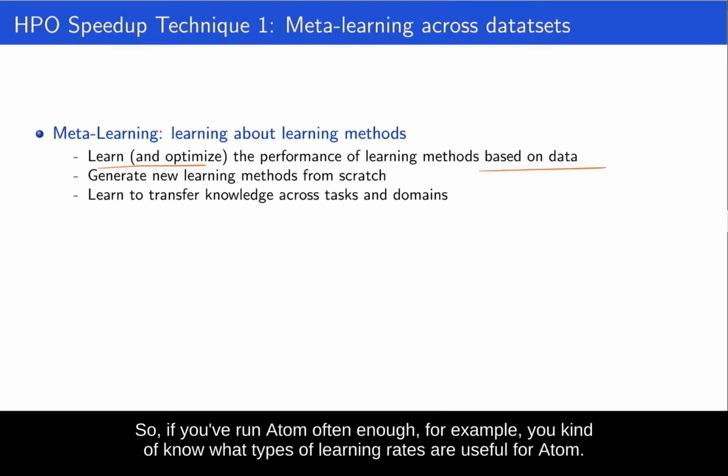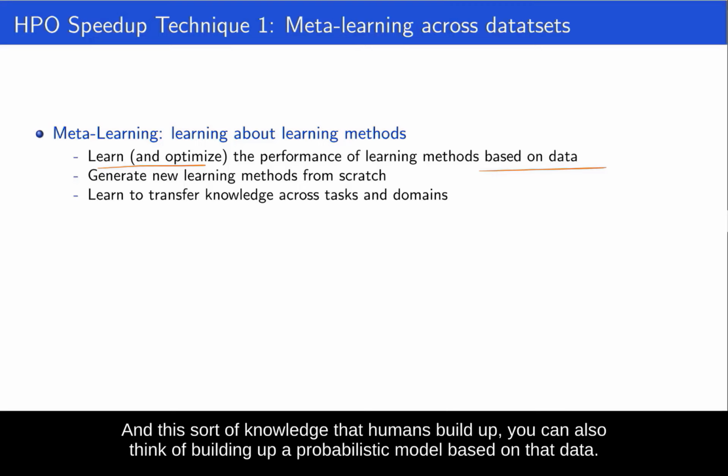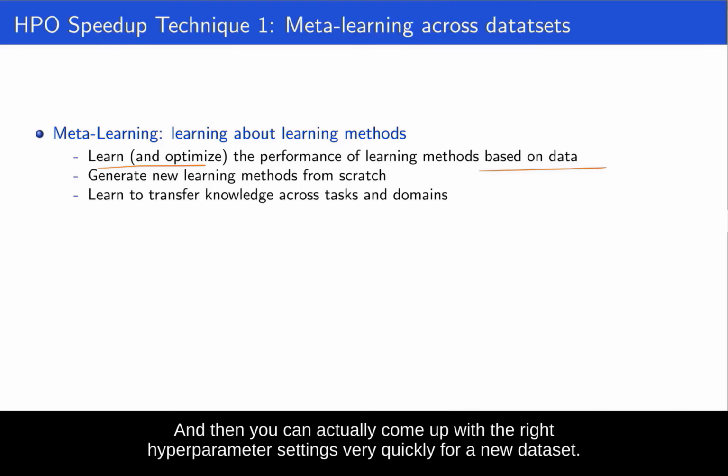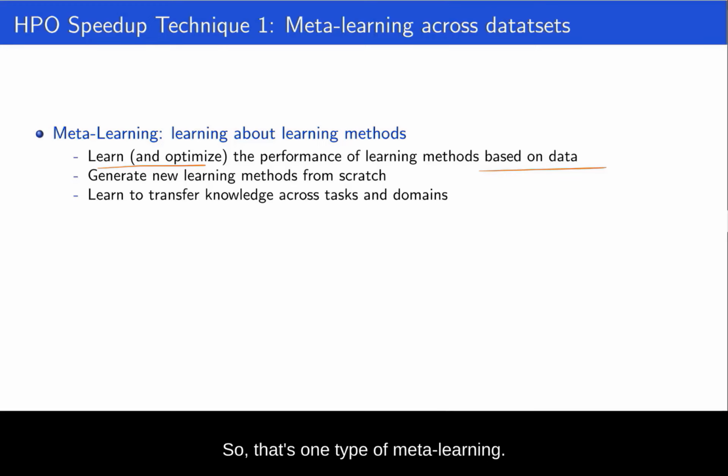If you've run Adam often enough, for example, you kind of know what types of learning rates are useful for Adam. And this sort of knowledge that humans build up, you can also think of building up a probabilistic model based on that data. And then you can actually come up with the right hyperparameter settings very quickly for a new data set. So that's one type of meta-learning.